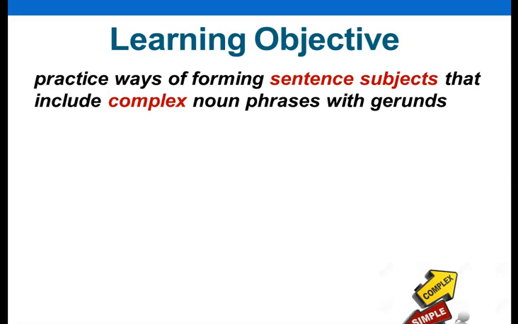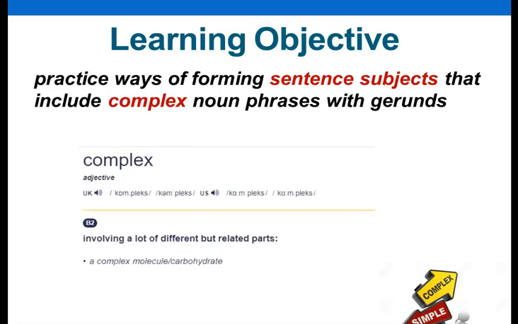Let's have a look at the word complex in a dictionary. The first thing that we will notice is that it has two types of pronunciation. It has the variant of complex that is in British English, and it has complex that is in American English. So both types of pronunciation are correct. And what it means is involving a lot of different but related parts.